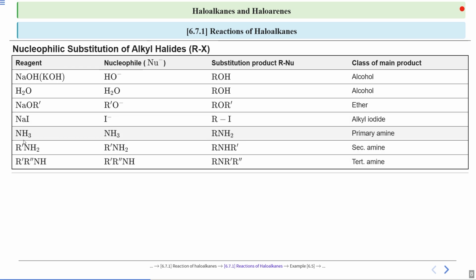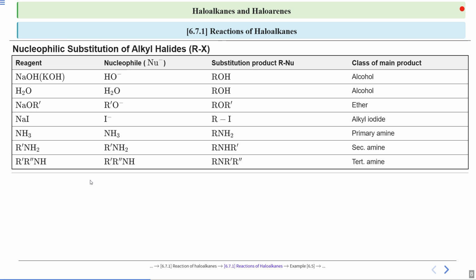Now for ammonia, R prime NH2 and R prime R double prime NH, the substitution products are RNH2, RNHR prime, and RNR prime R double prime. The class of main product is primary amine in the case of ammonia, secondary amine in the case of R prime NH2, and tertiary amine in the case of R prime R double prime NH.